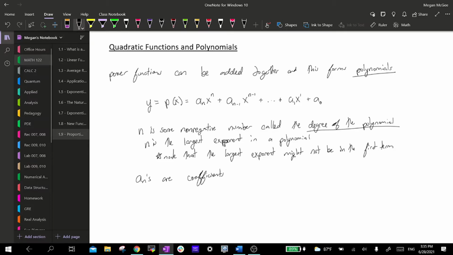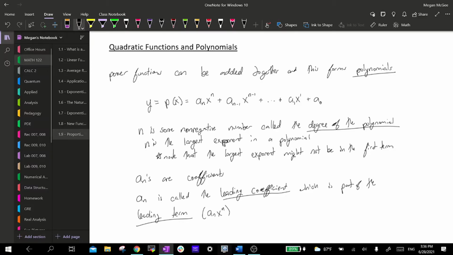So a sub n, the very first one, is called the leading coefficient, which is part of the leading term, which is the whole deal, a sub n times x to the n.